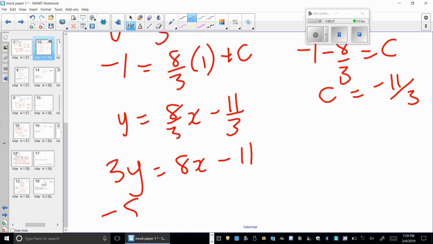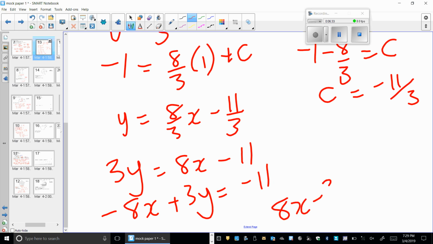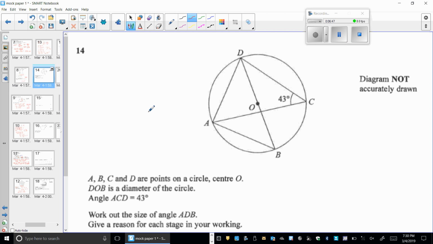So they'll accept either -8x plus 3y equals -11, or 8x subtract 3y equals positive 11. Either would be accepted. Usually I'd go for this one to make the x positive, but it's not essential.